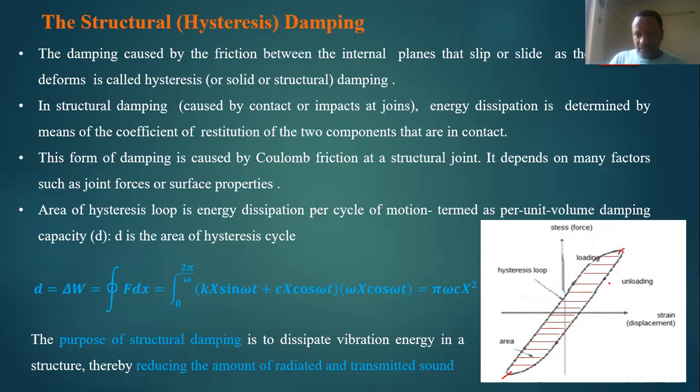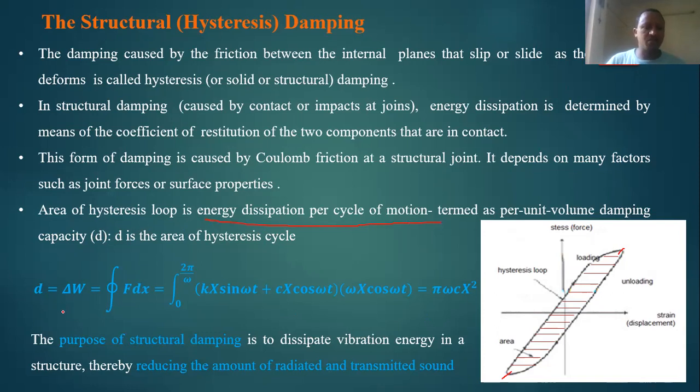So there is an area covered inside these two paths of the hysteretic loop. The loading and unloading forms a loop known as the hysteretic loop. The area inside of this is the amount of energy dissipated per unit volume of damping. So the area of the hysteretic loop is the energy dissipation per cycle, and the term is called per unit volume damping capacity, D.